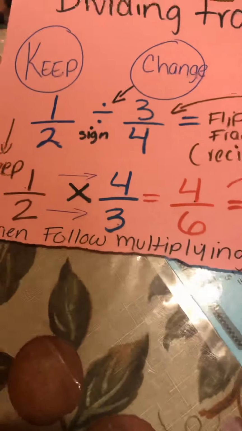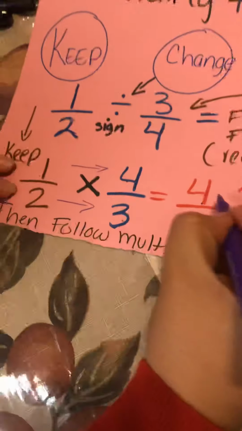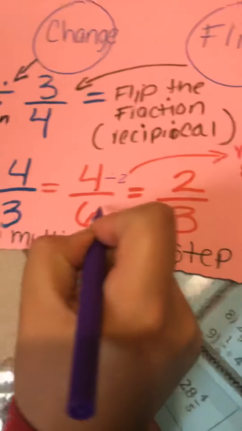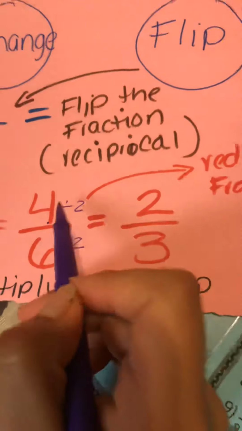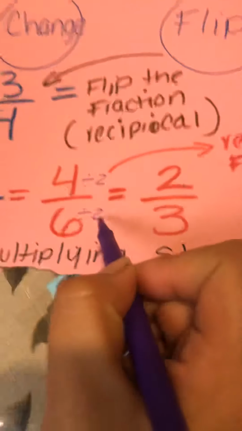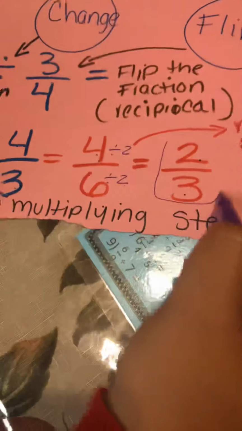Yes, you are correct. They are even numbers, meaning that I can divide this by 2 and divide this by 2 to reduce my fraction. So 4 divided by 2 is 2. 6 divided by 2 is 3. So my final answer is 2/3.